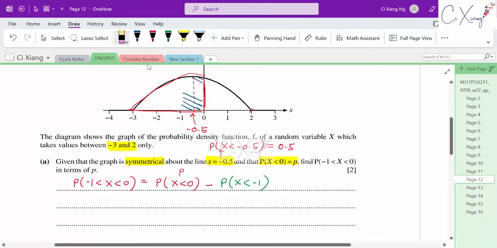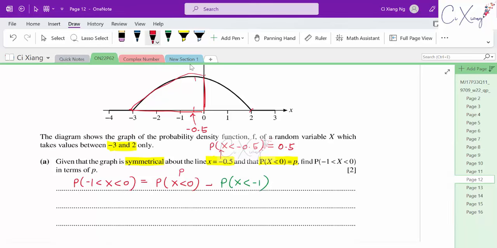Now if I try to rephrase it again, I know that this whole area is 0.5, and my value for x smaller than 0 is p. So if I take x smaller than 0 minus x smaller than negative 0.5, I will get this area.